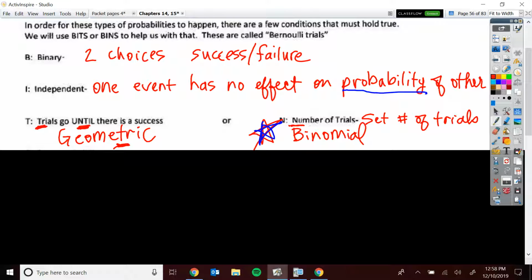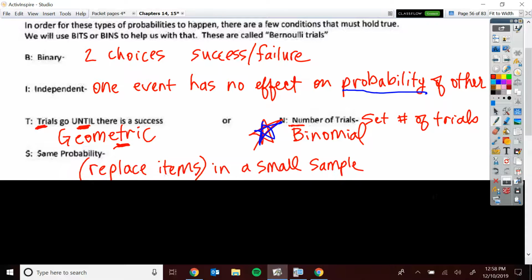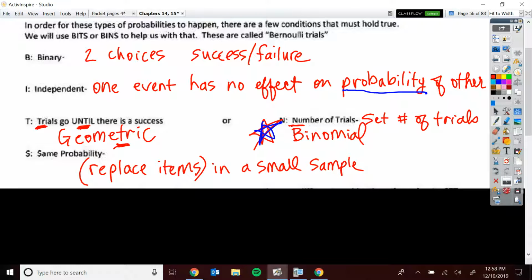That's binomial. And then recall that our same probability is dealing with making sure that if you have a small sample, you're replacing those items. For example, if I just had 10 M&Ms in my hand, would the probability change when I take one of them out and eat it?